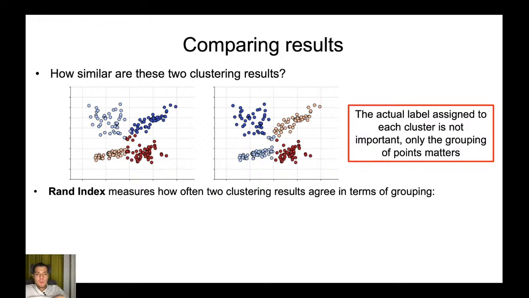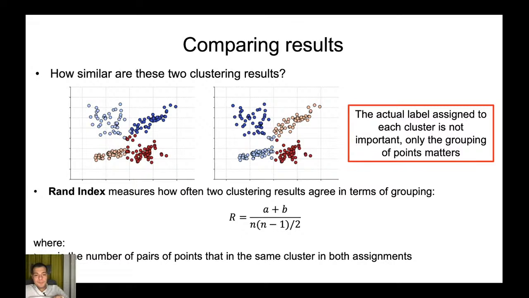One way to measure the overlap is using the RAND index. The RAND index takes all the possible pairs of data points and is based on adding the number of pairs that are the same in both assignments. So A is the number of pairs of points that are in the same cluster. For example, if we take these two data points, these are in the same cluster.